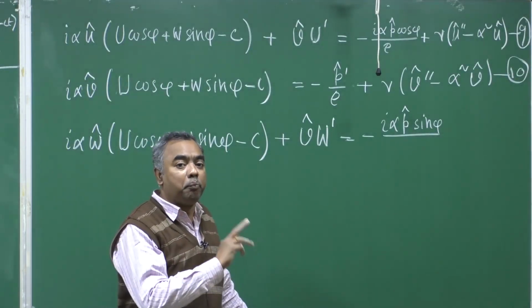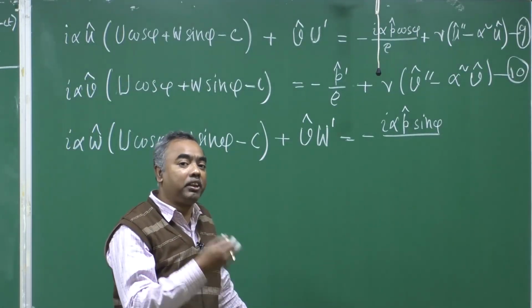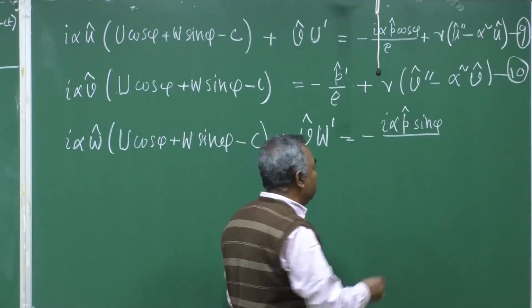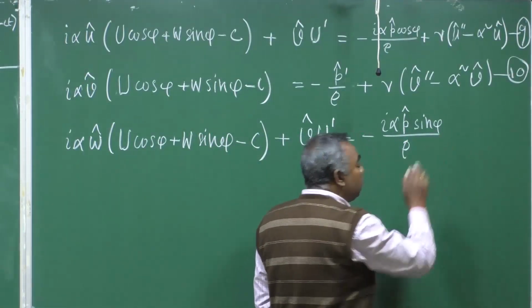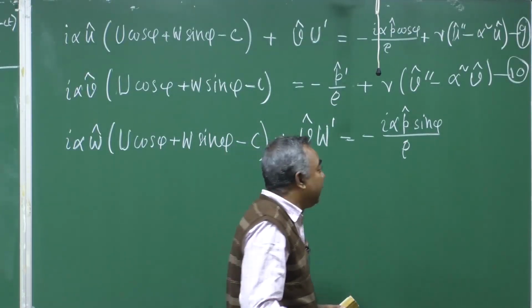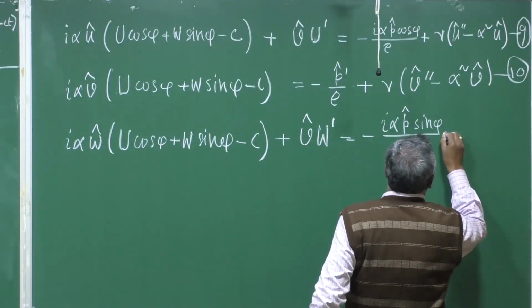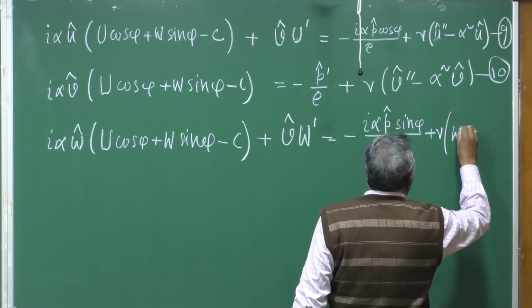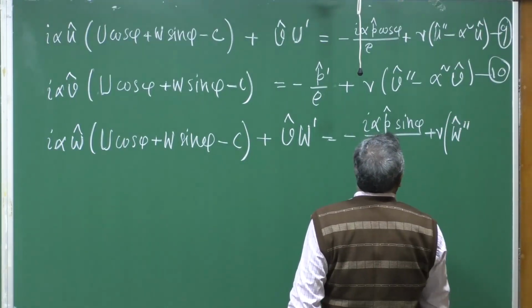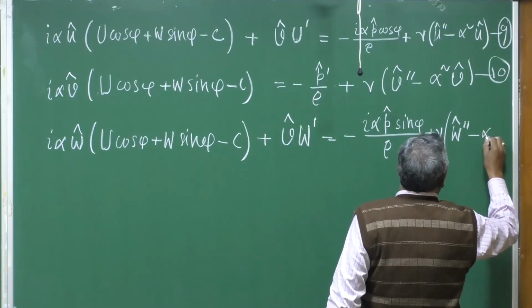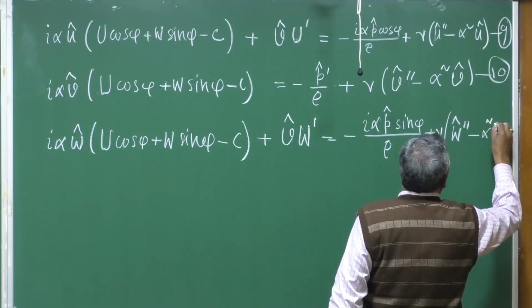So, first express p prime in terms of the normal mode, then take the derivative. The exponential term is common on both sides, so we cancel it, plus the viscous term, w hat double prime minus alpha square w hat.